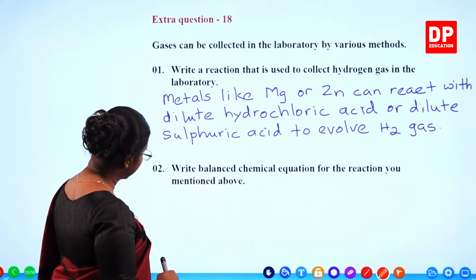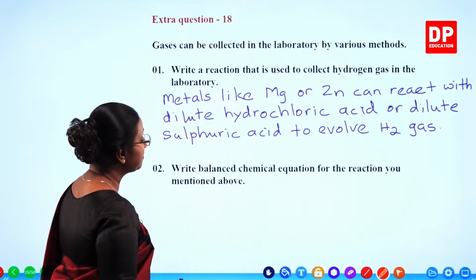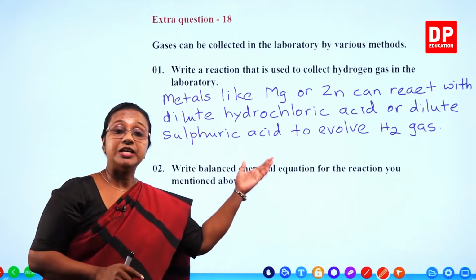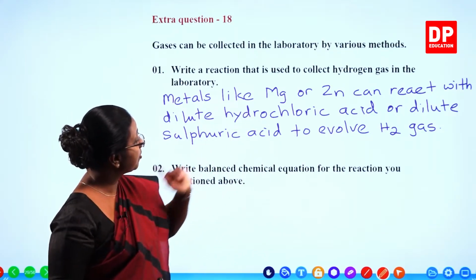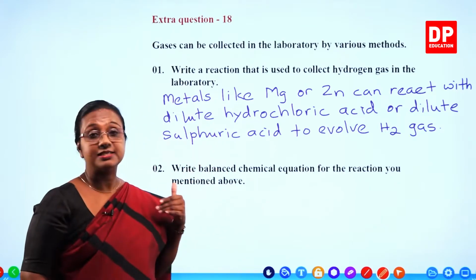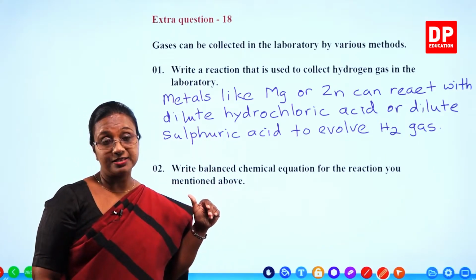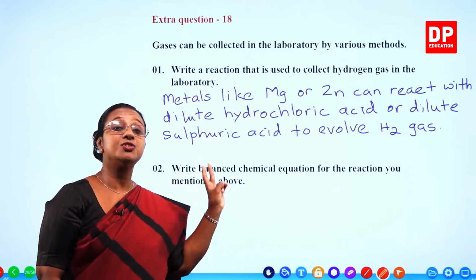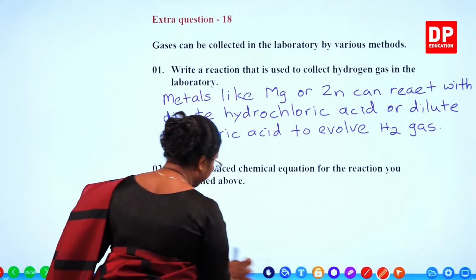Then the second question, write a balanced chemical equation for the reaction you mentioned above. So here we said magnesium or zinc with hydrochloric acid or dilute sulfuric acid. So I will write 2 reactions just to recall what we have learned.